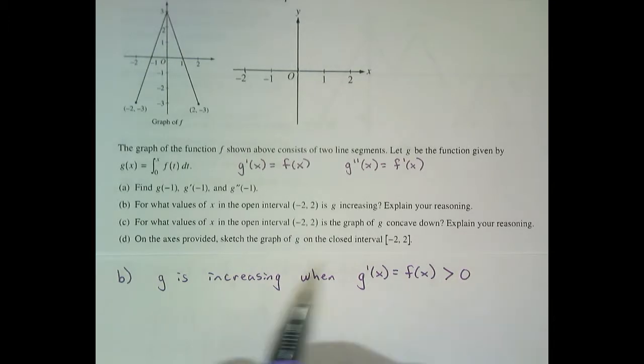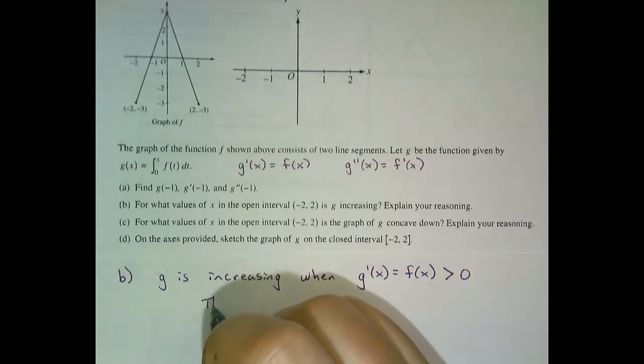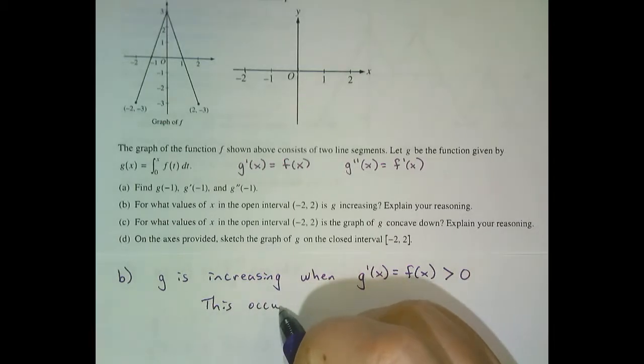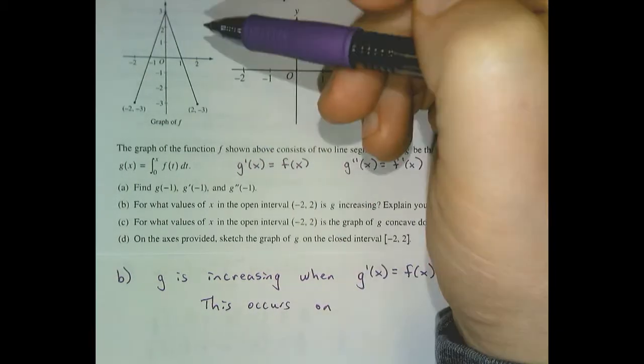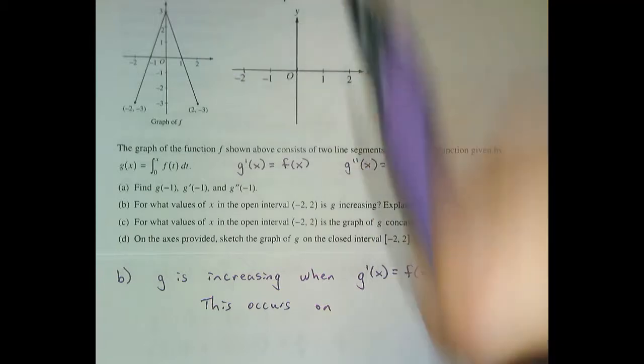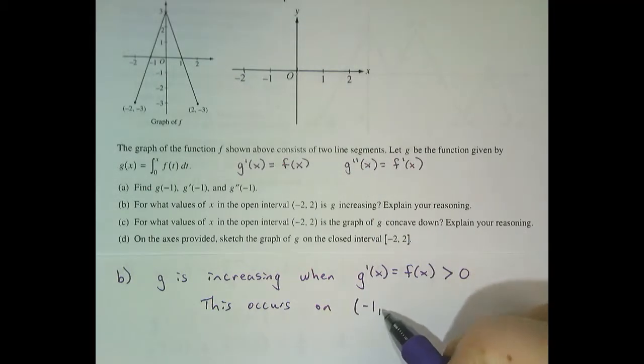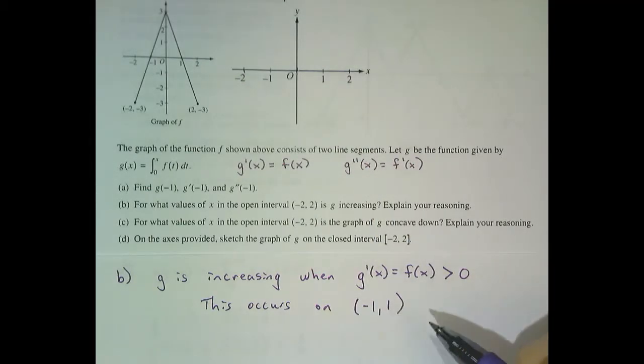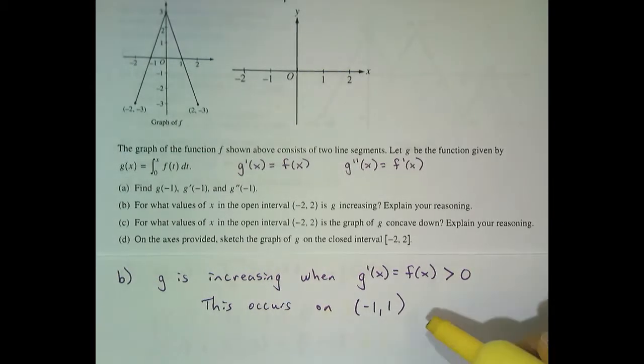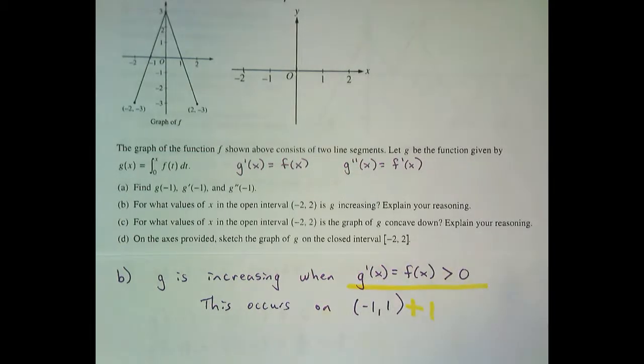So f of x is positive on the interval -1 to 1. Pretty straightforward, easy 2 points. 1 point for the interval and 1 point for the justification.